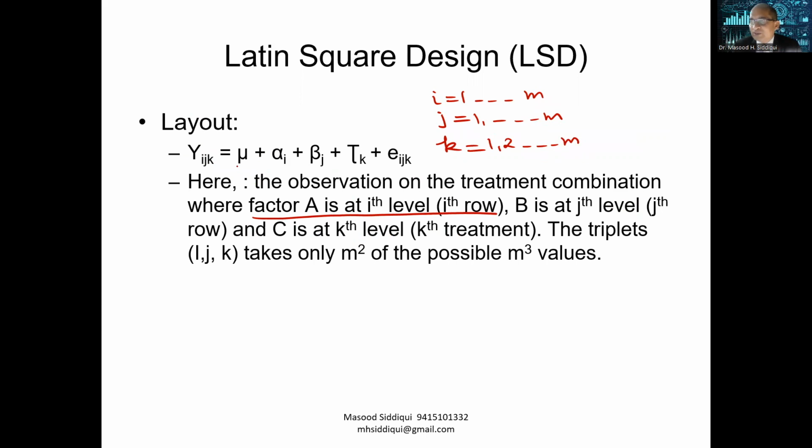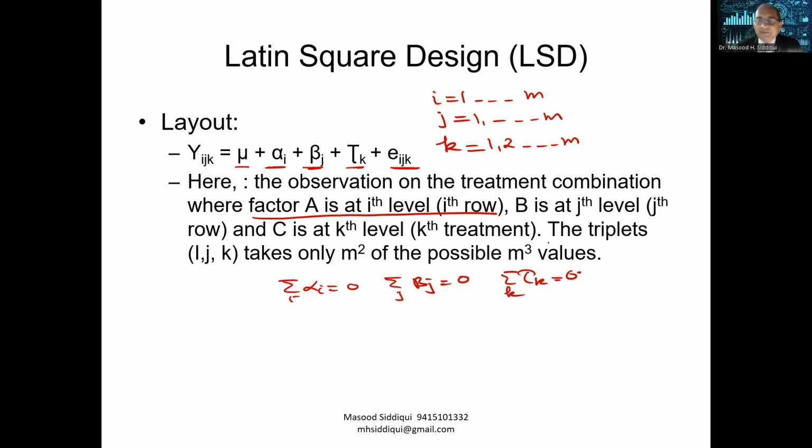Now here, mu is the general effect. This is the effect due to the ith row, the effect due to the jth column, and the effect due to treatment. And this is the error or the random component. Now here, mu, alpha i, beta j, tau k are all constants. So the conditions are: sigma of alpha i over i is 0, sigma of beta j is 0, and sigma of tau k over k is also 0.